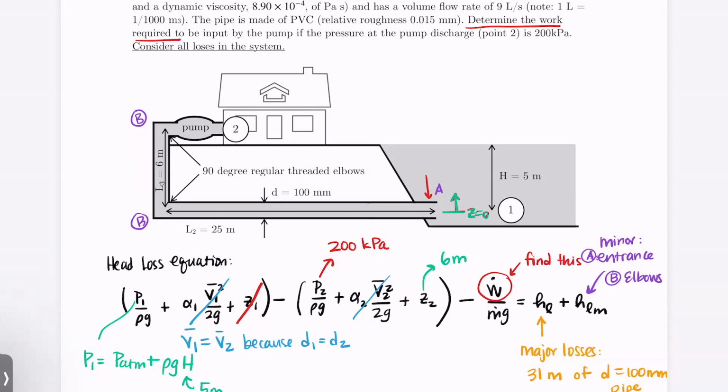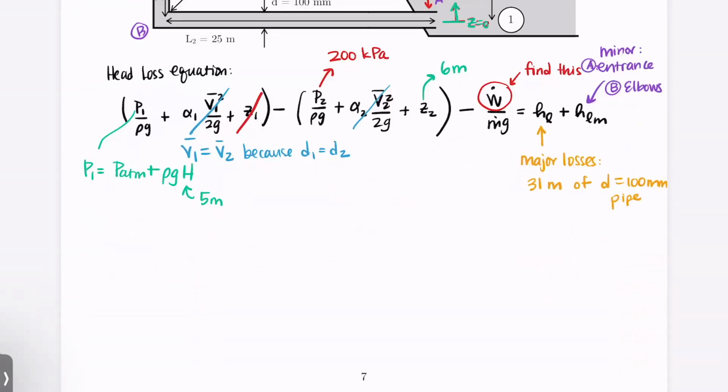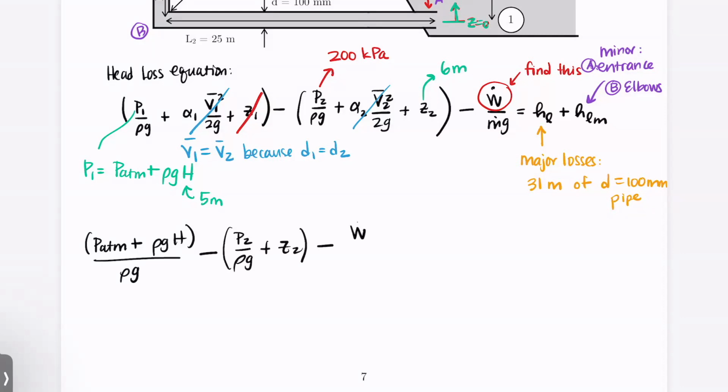Okay, so this is the approach. I'm going to write a simplified version of this. So we have P atmosphere plus rho GH divided by rho G, minus P2 over rho G, plus Z2, minus W dot over M dot G is equal to HL plus HLM.